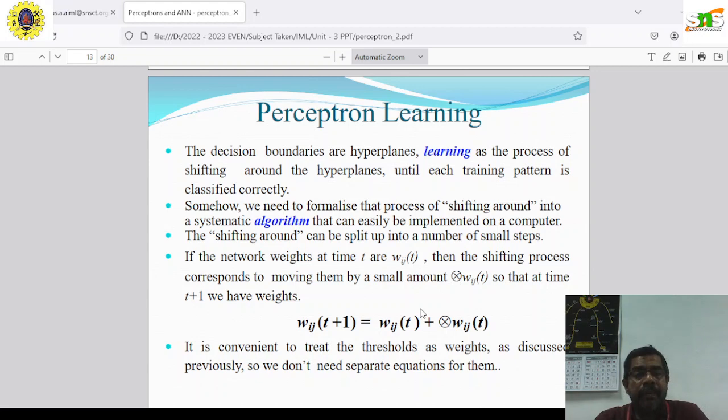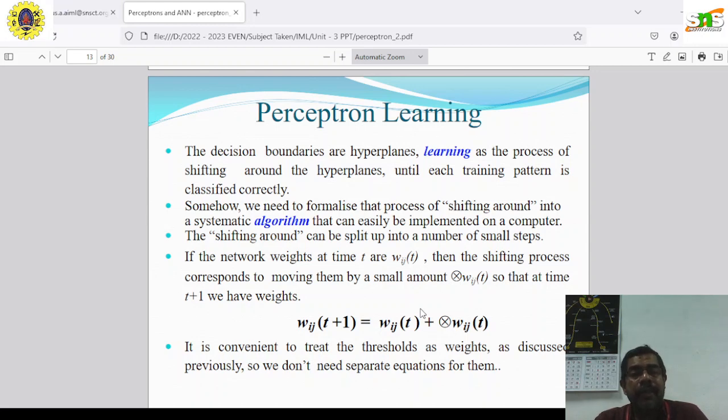The decision boundaries, or hyperplanes, and learning is the process of shifting around that hyperplane. We already studied the hyperplane in the support vector machine. The hyperplane gives the exact classification of the positive boundary and the negative boundary.